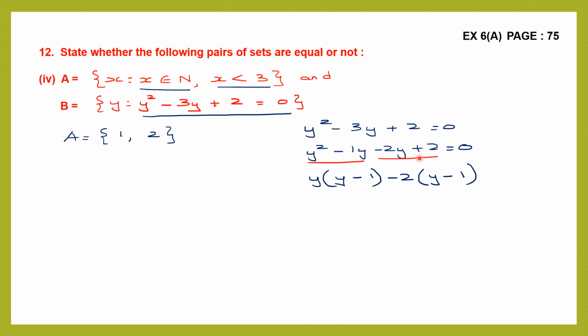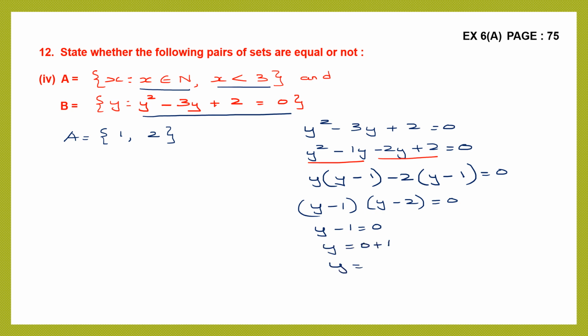Minus into minus is plus, 2 into 1 is 2. So I will get back this. So these are my common factors. Let's bring out the common ones, y minus 1 and y minus 2. And all this is equal to 0. So now we can calculate y minus 1 is equal to 0. That means y is equal to 0 plus 1.